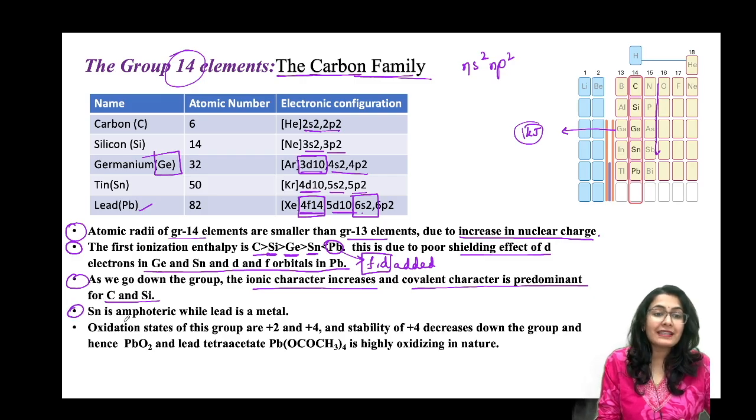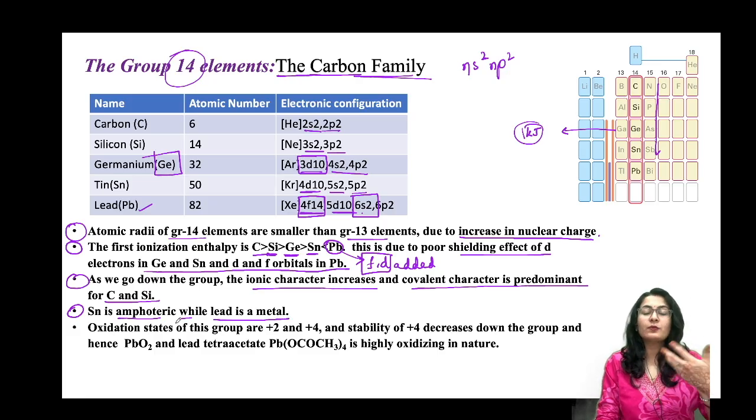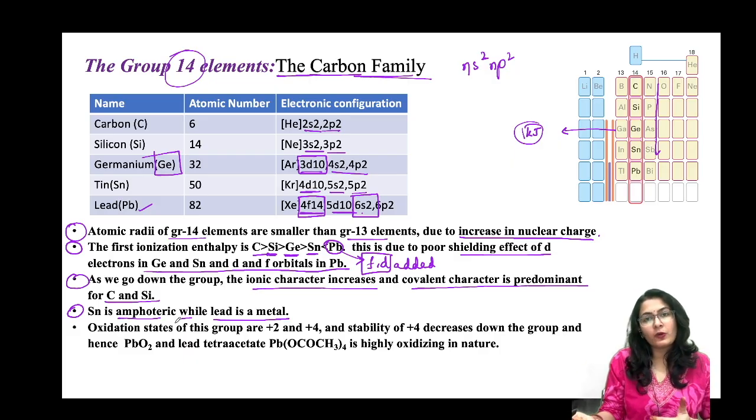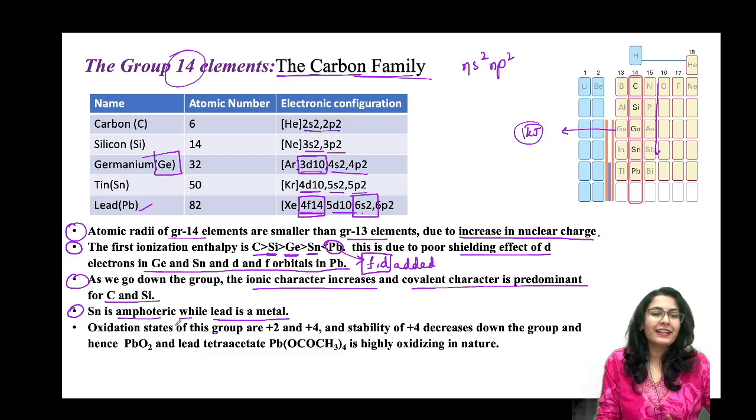Silicon is a non-metal and carbon is a complete non-metal. Tin is amphoteric while lead is a complete metal. So tin is like aluminium. It's mostly a metal, but it can react with bases also. And it can still form covalent compounds like SnCl4, SnCl2.